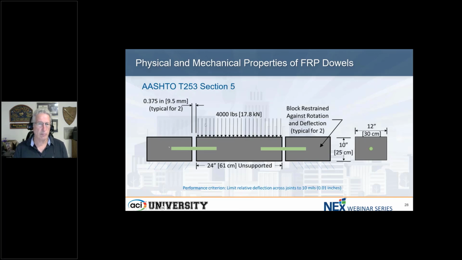You apply a 4,000 pound uniform load across that center section, and then you monitor the relative deflection of the center block relative to the end blocks, and you measure that across each of these two joints on both sides. The specification in AASHTO, and again, this was developed for epoxy-coated steel bars, limits that deflection to 10 1/1000ths of an inch, or 1/100th of an inch.